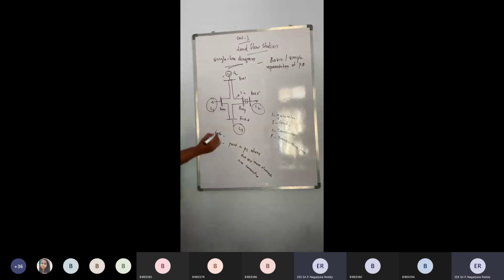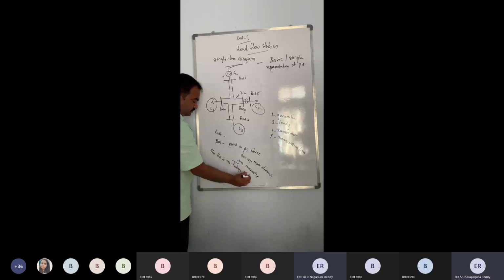Or if you want to put it more technically, the bus is the linkage of 2 or more elements in a power system. It is very similar to a node in an electrical circuit.